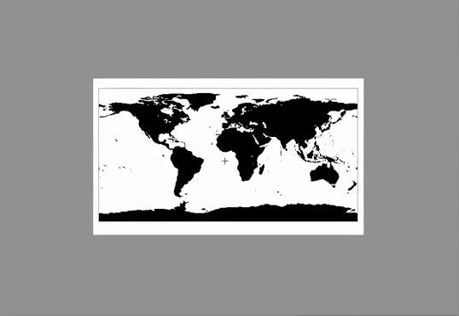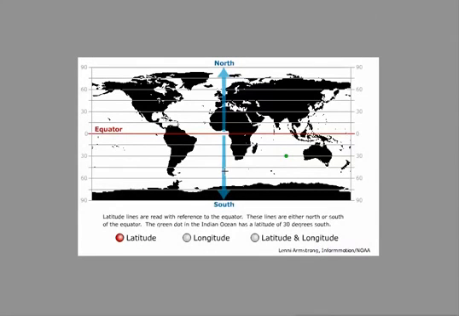Okay. Here's a Mercator projection. Let's try some latitude problems. Folks, what is the latitude of that green dot? You have to state the number and the direction, either north or south.